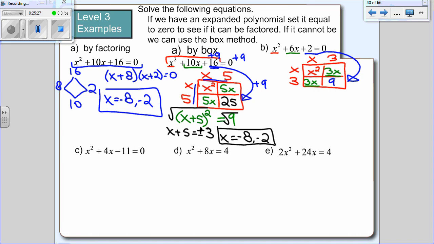So I add 7 to both sides. When I add 7 to both sides, I'm making a quadratic that is x squared plus 6x plus 9. But I know that that quadratic is actually equal to the sides of my boxes, which was x plus 3 squared.